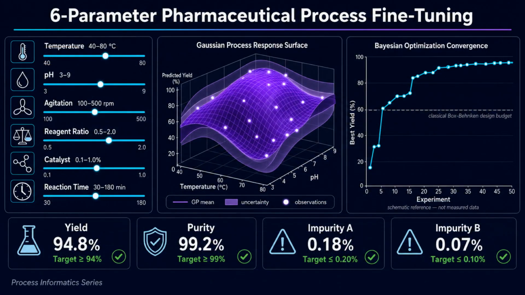In this pharmaceutical synthesis case study, we fine-tuned 6 process parameters simultaneously: temperature, pH, agitation speed, reagent ratio, catalyst concentration, and reaction time. The Gaussian process models the complex interactions between these parameters, with the surface visualization showing how uncertainty decreases as we gather more data.